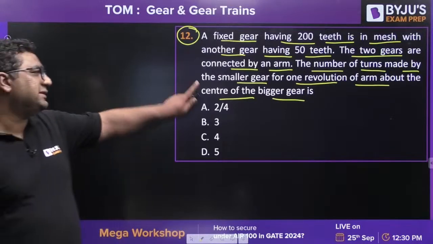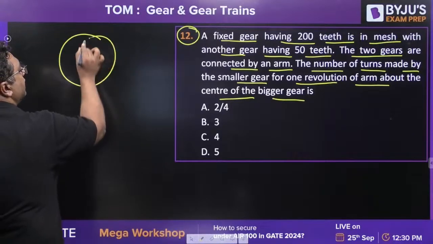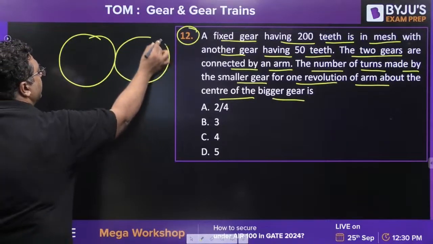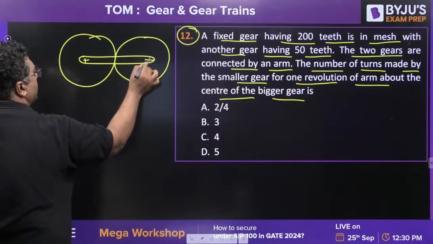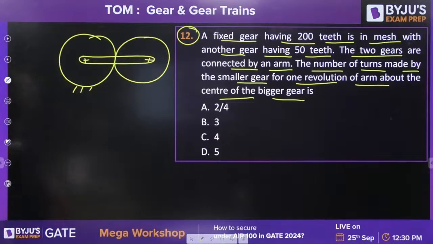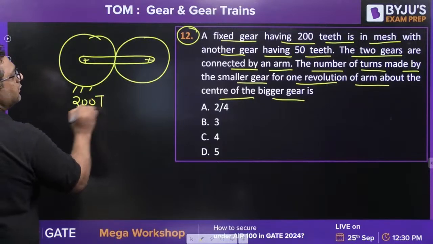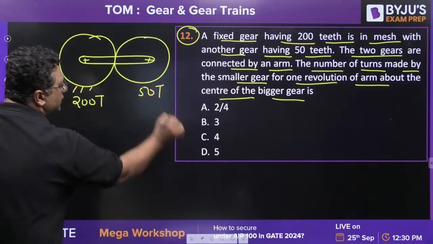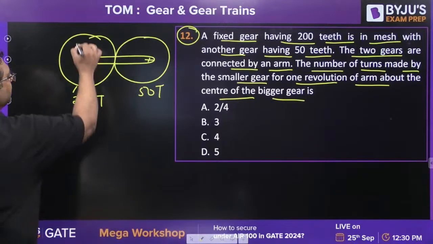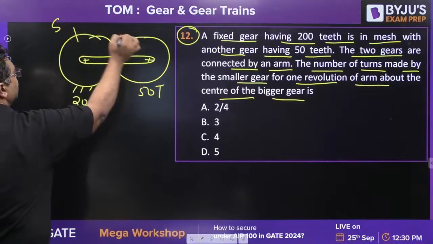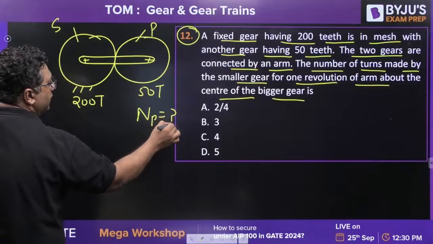Once again, it is an epicyclic gear train. So, fixed gear, another gear, arm. They are saying this has 200 teeth, this has 50 teeth. The number of turns made by the smaller gear. So if this is sun, this is planet, you need to find out NP.